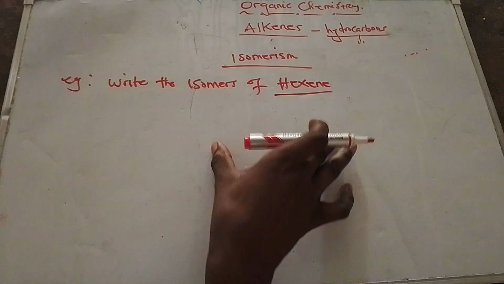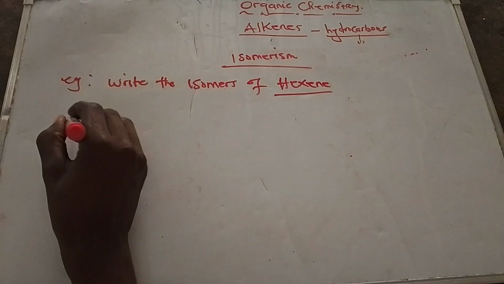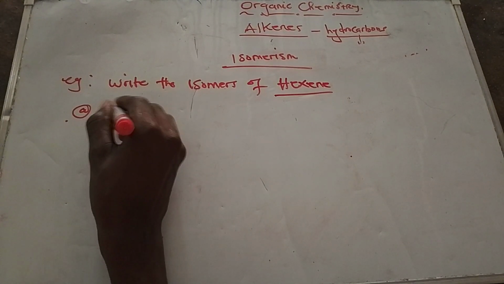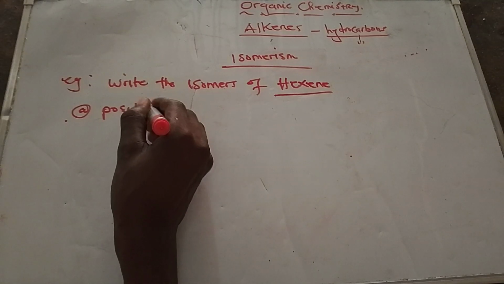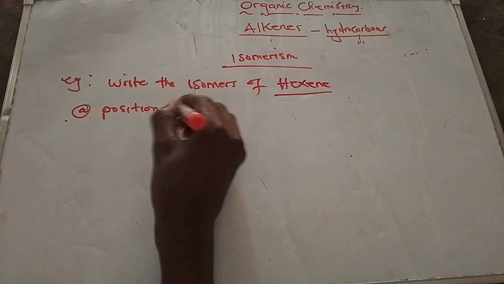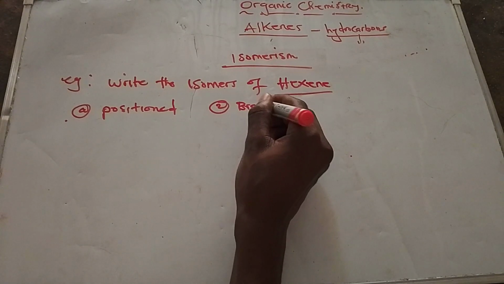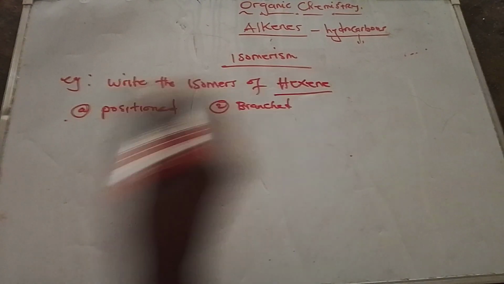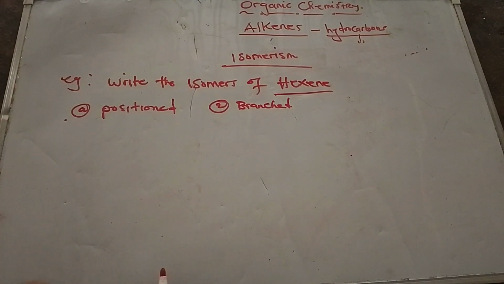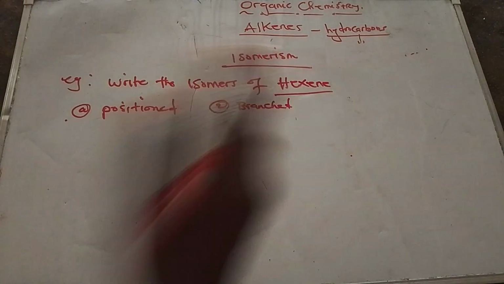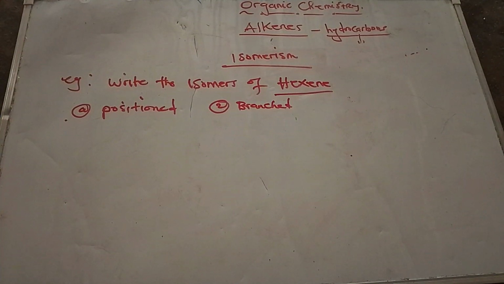For us to write the isomers, we need to understand that number one, we'll look at positioned isomers, and number two, we'll look at branched isomers. So alkenes form two types of isomers. The first one is the positioned isomer, the second one is the branched isomer.